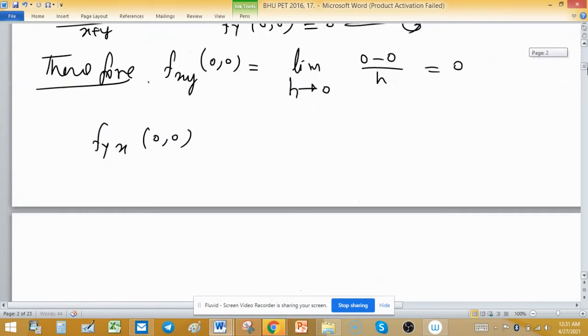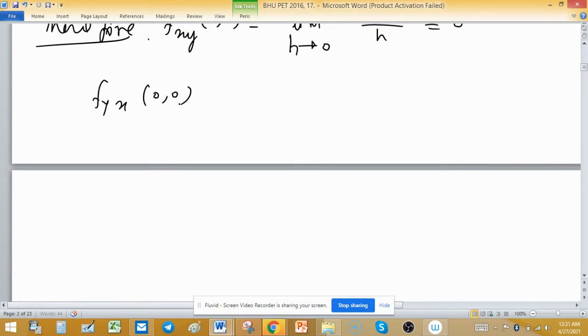Now calculate this one. The meaning of this is the partial derivative of f_x with respect to y.